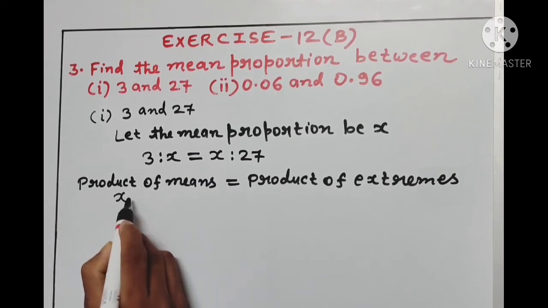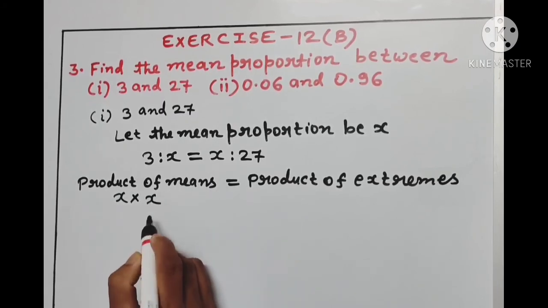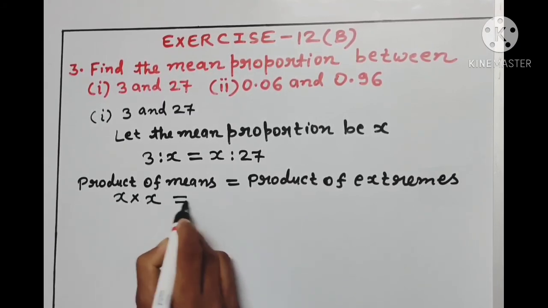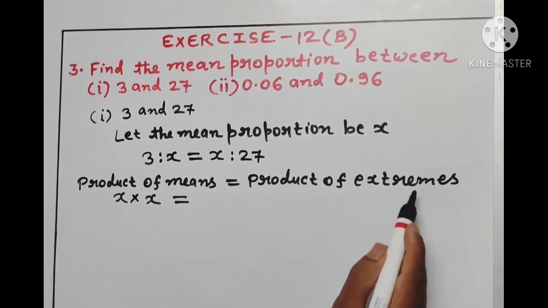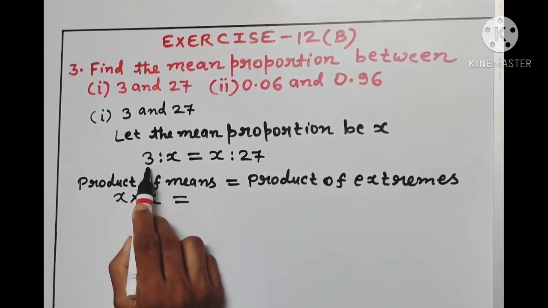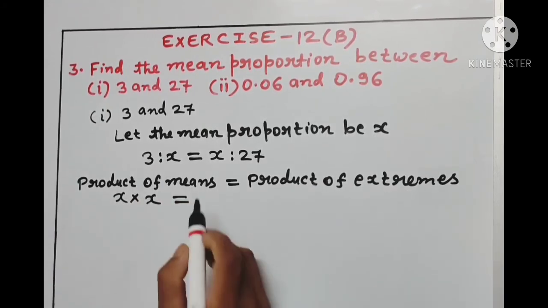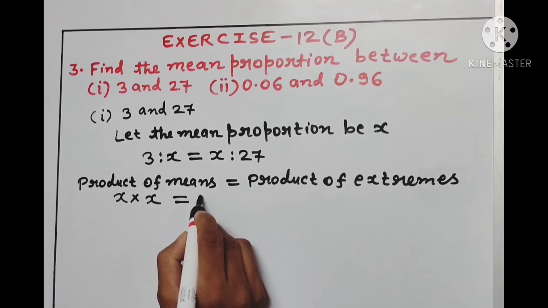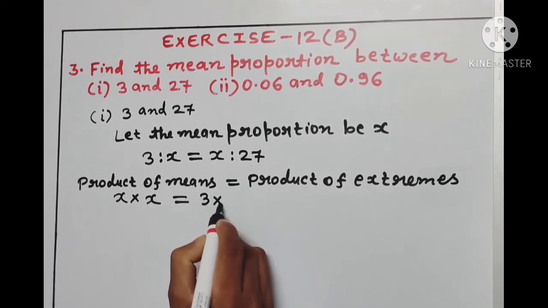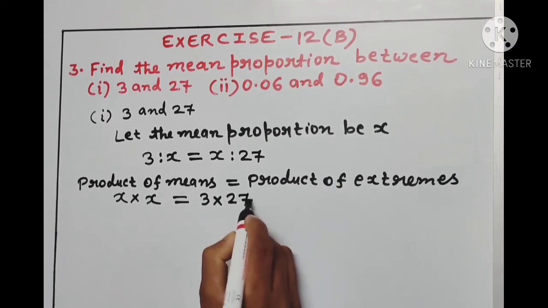So x, the second term, into again x, the third term, and it is equal to product of extremes, and you already know about it. The first term and the fourth term are called extremes. So I am going to write here the first term 3 into the fourth term 27.